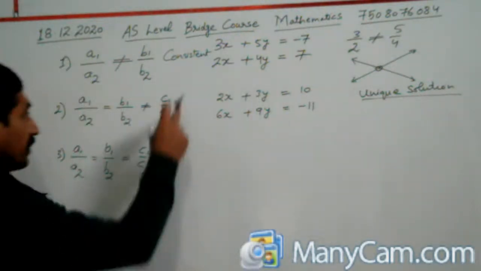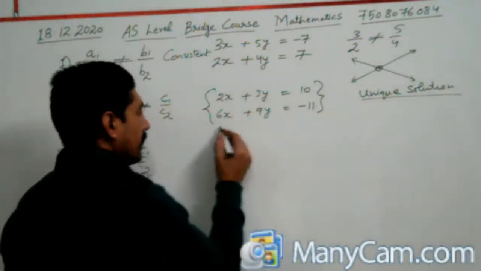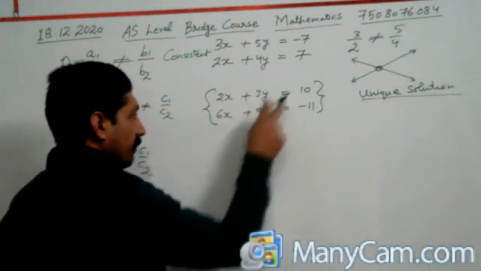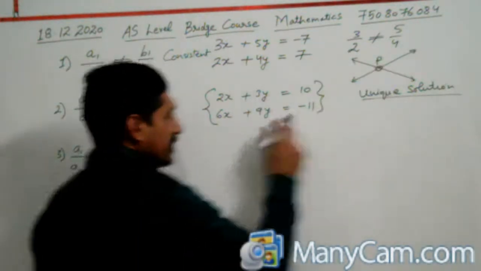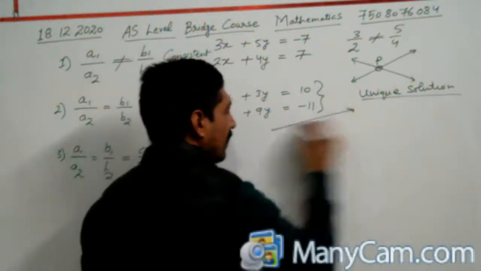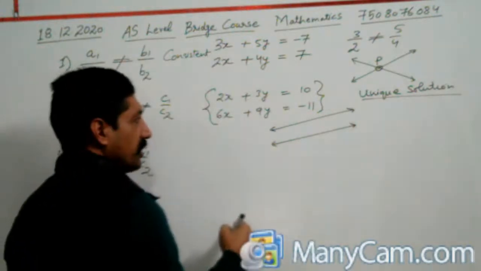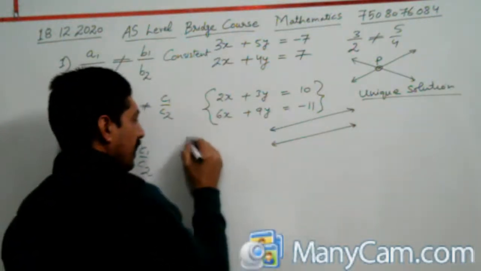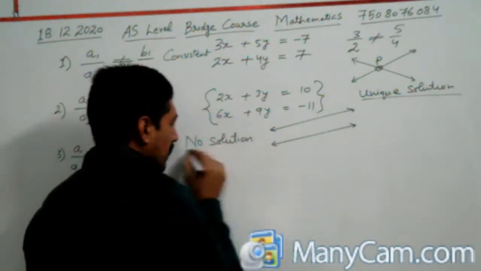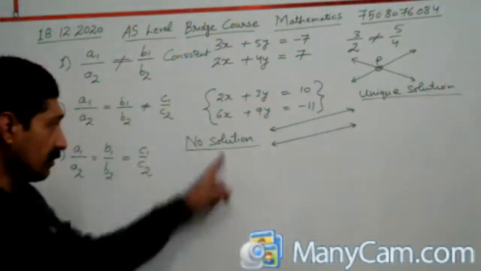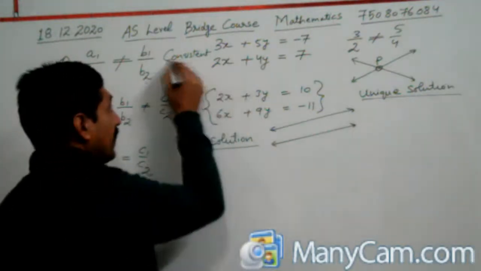So here the pair of equations is inconsistent. In this case the lines are parallel to one another. When we plot the graph, the lines are parallel to each other, and when the lines are parallel they have no solution. And when the pair of equations has no solution, we say the pair is inconsistent.